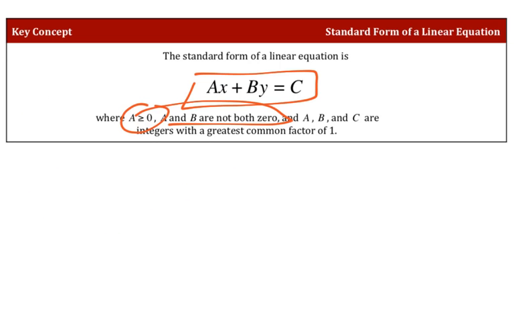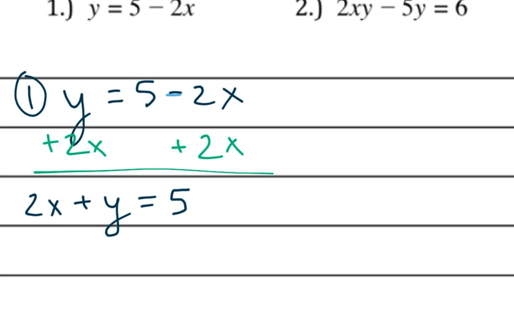And then the other thing, too, is they all have to have a greatest common factor in integers of 1. And when I look at this, it's like, well, I could divide by 2, but then I'd have a fraction, and I'd be dealing with things that were no longer integers. So this is the final result. This is the equation rewritten in standard form. And yes, it is a linear function.